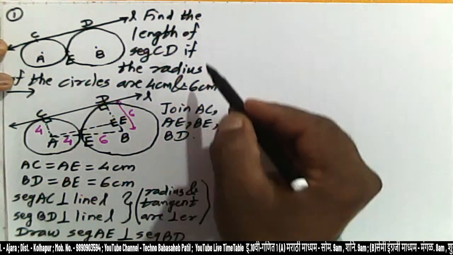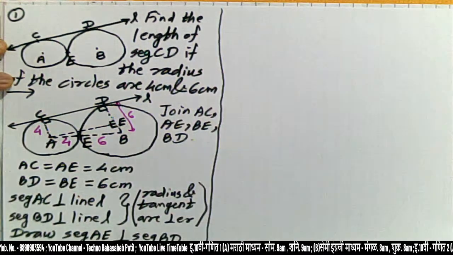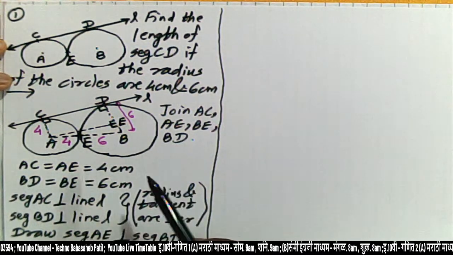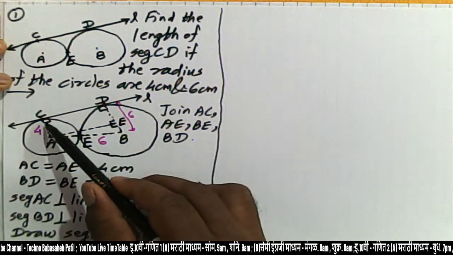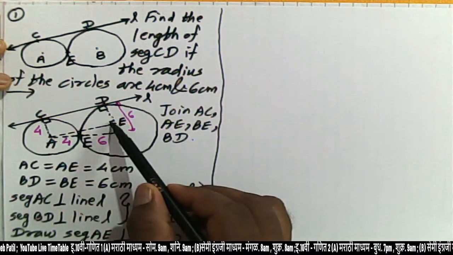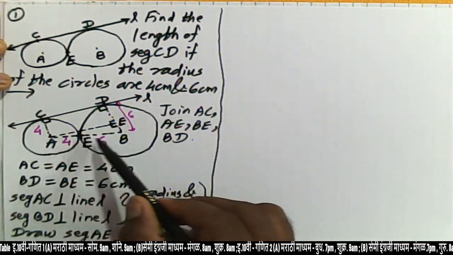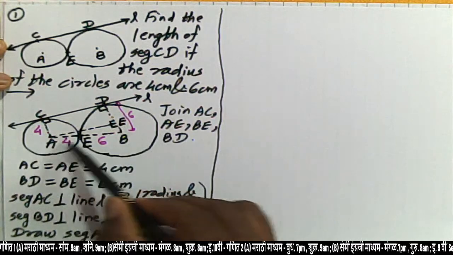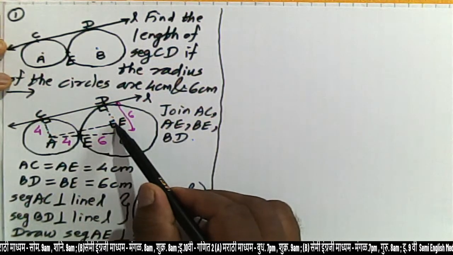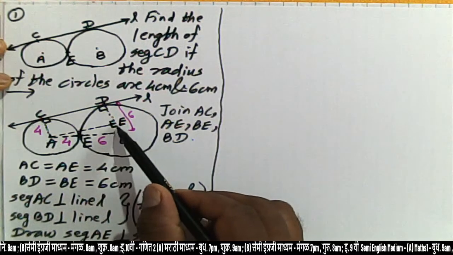Then we can say that here 90 degree, this angle is 90 degree, this angle also 90 degree. Here we get a triangle, and the triangle side EB we don't know.